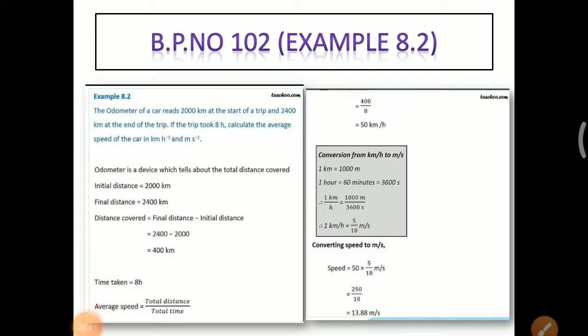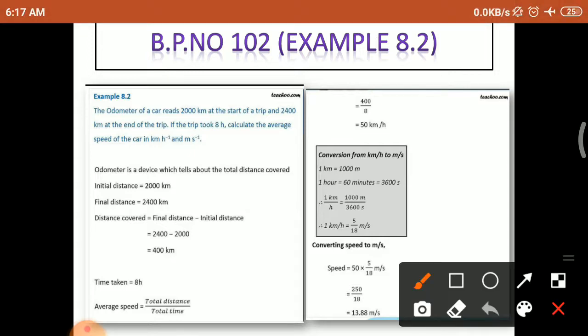The next one, example sum 8.2 in book page number 102. The odometer of a car reads 2000 kilometer at the start of a trip and 2400 kilometer at the end of the trip.